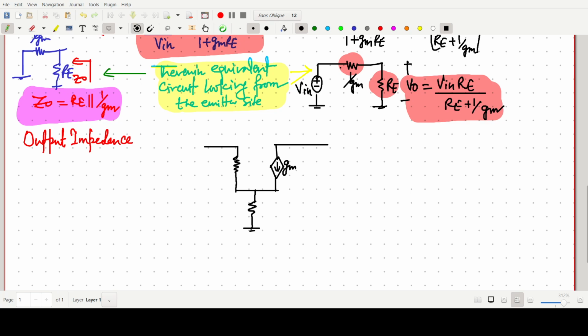This one is our gm V pi, this one is r pi, this one is RE. This would be our grounded RB, and this should be grounded, because for the output impedance we are taking Vin equal to 0, making it ground.